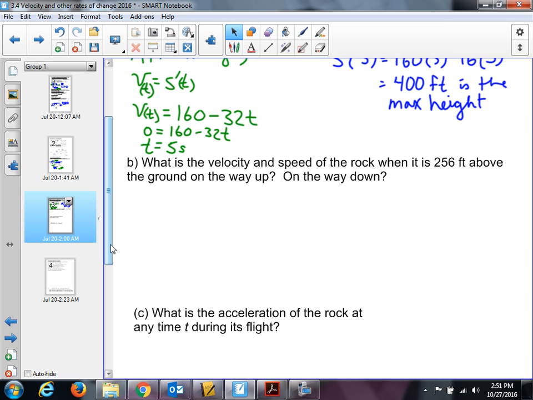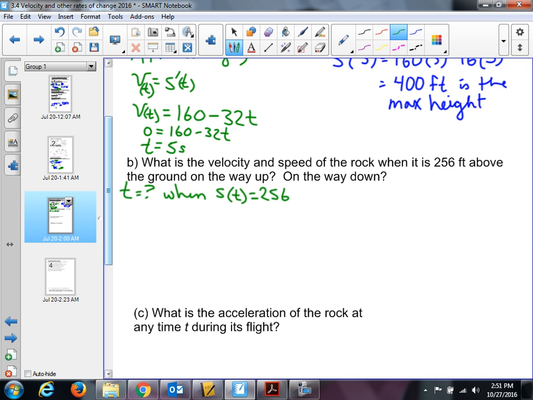So, t equals question mark. It's obviously twice, right? When s of t equals 256. Then we can find the velocity and the speed.